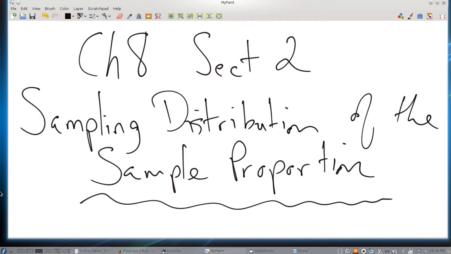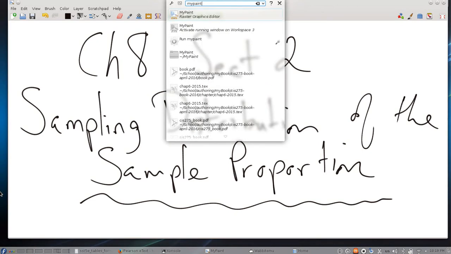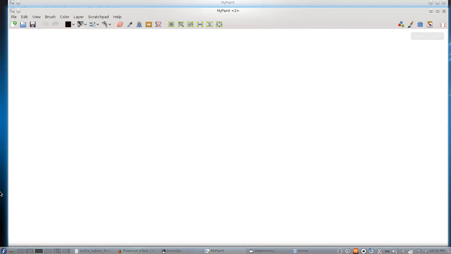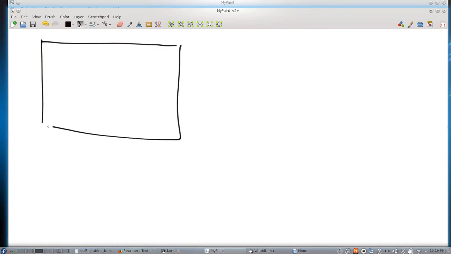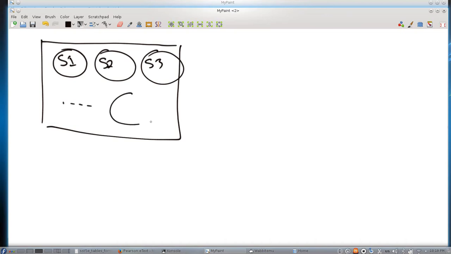If we want to find the proportion of American people who believe in world peace, we would collect, from the entire US population, a number of samples: sample number 1, sample number 2, sample number 3, and so on, all the way to maybe sample number 100. So here we collect 100 different samples from this population.